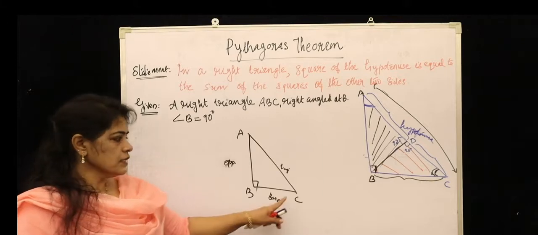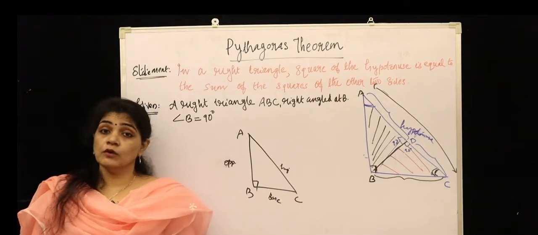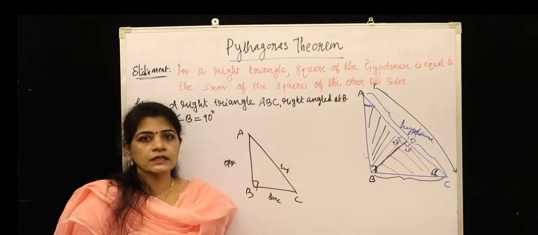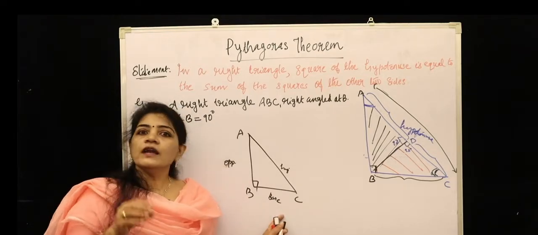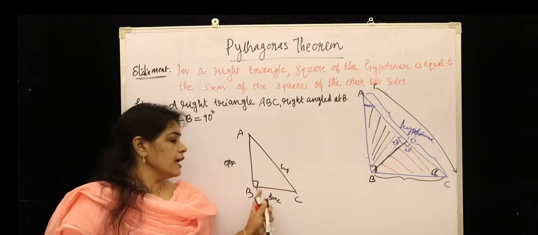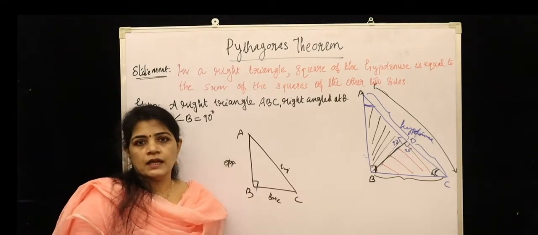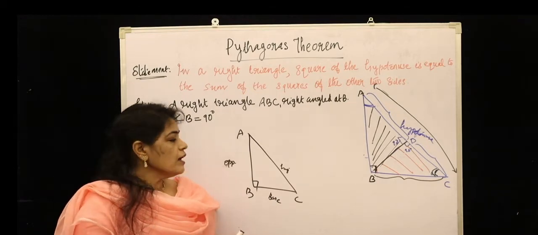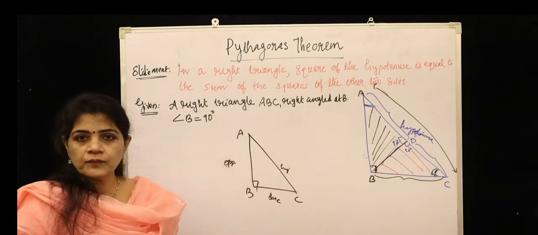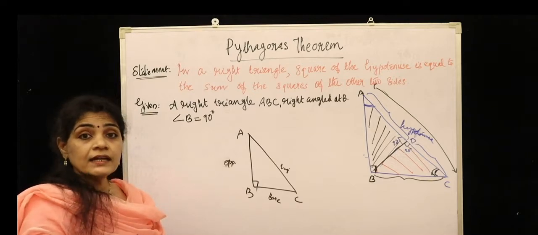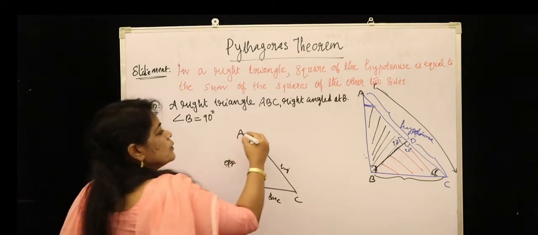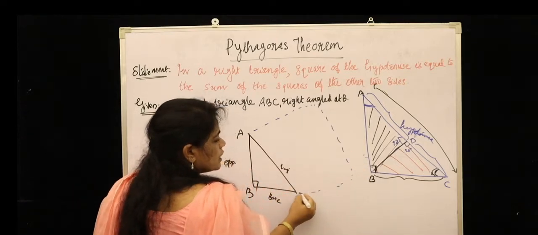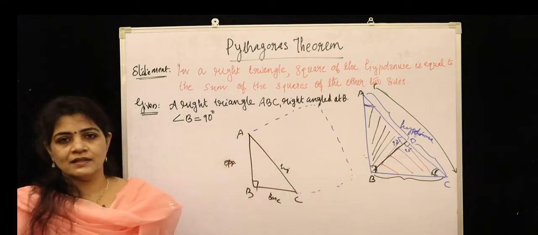With respect to this angle, we will learn more about this opposite side, perpendicular, base and hypotenuse in trigonometry. That's okay. See children, if I am drawing a square on the side AC, that is the hypotenuse, then we now have a square on the hypotenuse.